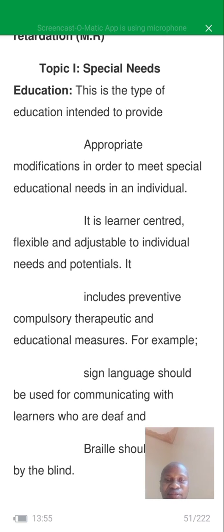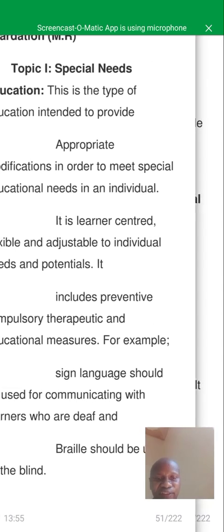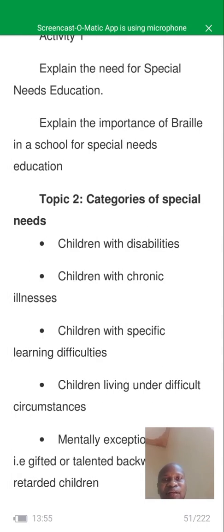It includes preventive, compulsory, therapeutic, and educational measures, for example, sign language should be used to communicate with learners who are deaf, and braille should be used for the blind.